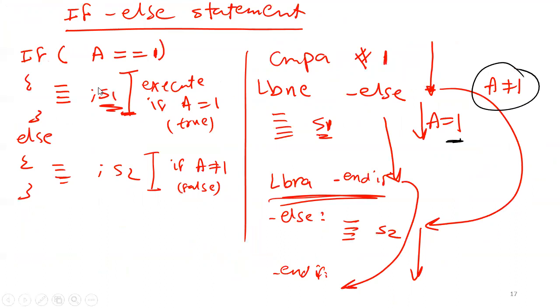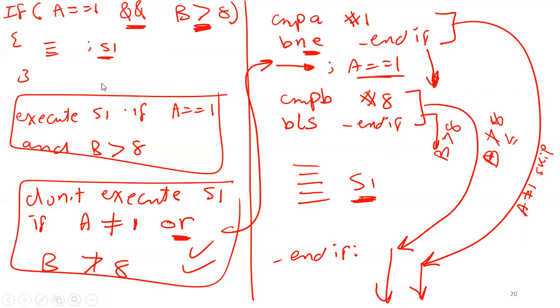So like this example in C language, I'm teaching C language. I just want to explain the logic in C, and then we're going to see how we can mix the same logic in assembly, okay? So let's teach it in C first. So if A is equal to 1 and B is greater than 8, we're going to execute S1.